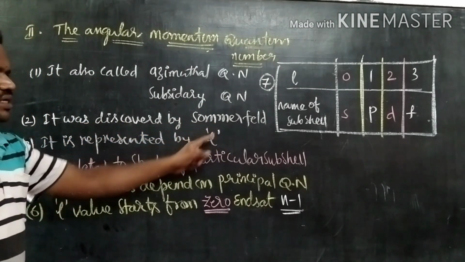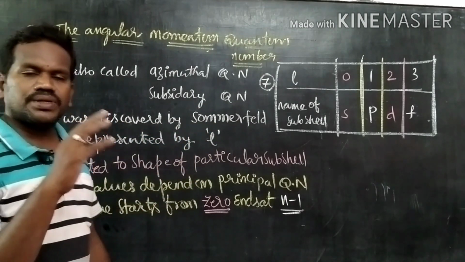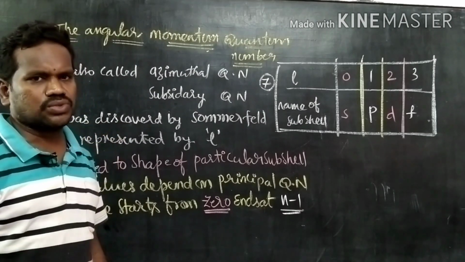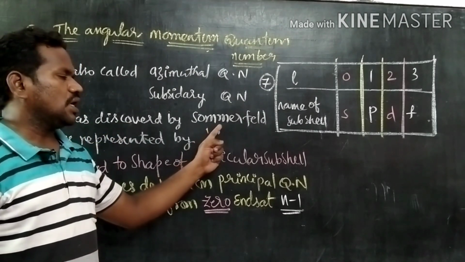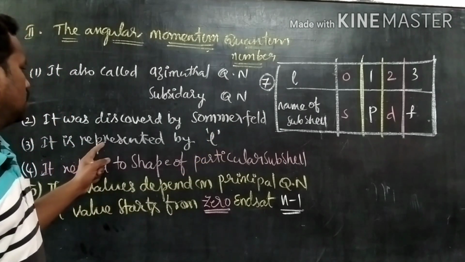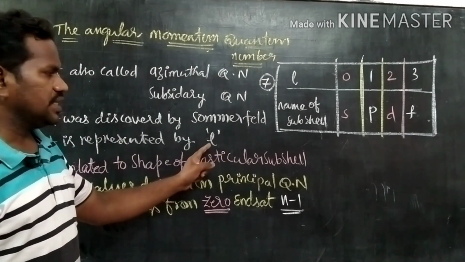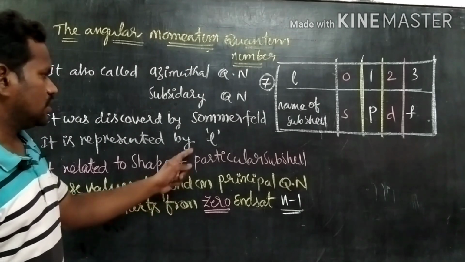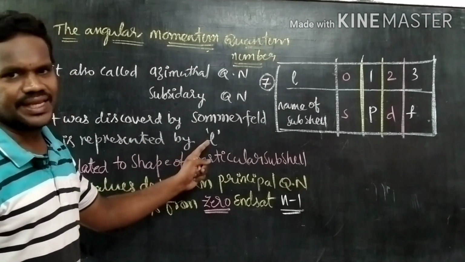It was discovered by Sommerfeld. The principal quantum number was discovered by Niels Bohr. The angular momentum quantum number was discovered by Sommerfeld. It is represented by letter L.